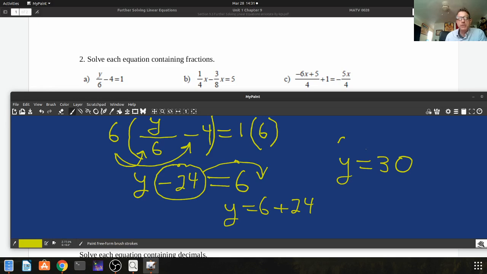So the general procedure is when we have equations with fractions, if there's only one fraction, we multiply both sides by the denominator. If there's two fractions, then we multiply both sides by the LCD of the denominators. And that's exactly what we're going to do next.